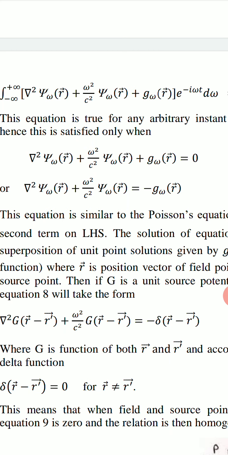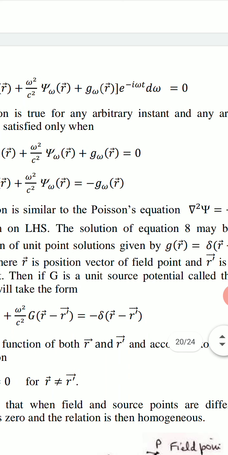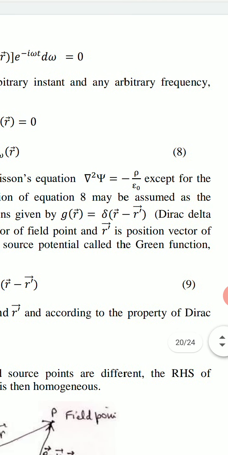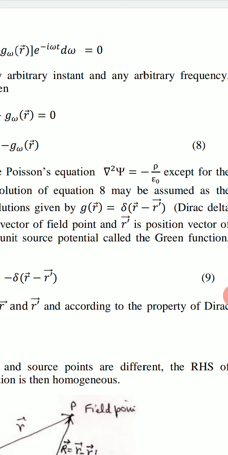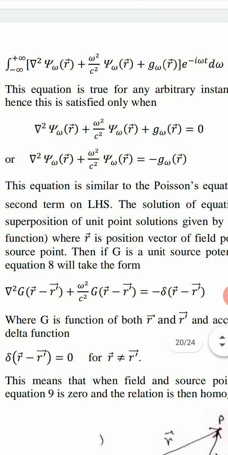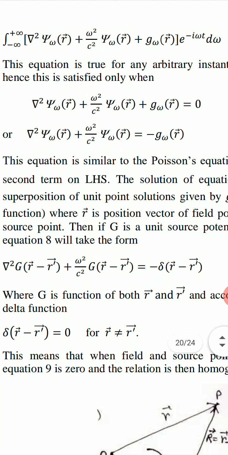Now this equation is true for any arbitrary instant, any arbitrary time t, and any arbitrary frequency, that is omega. This equation is true for any arbitrary t and omega, time and frequency. So the quantity inside the bracket must be equal to 0.